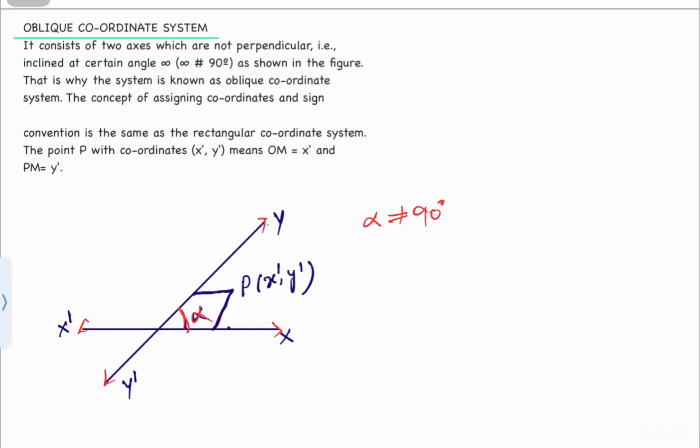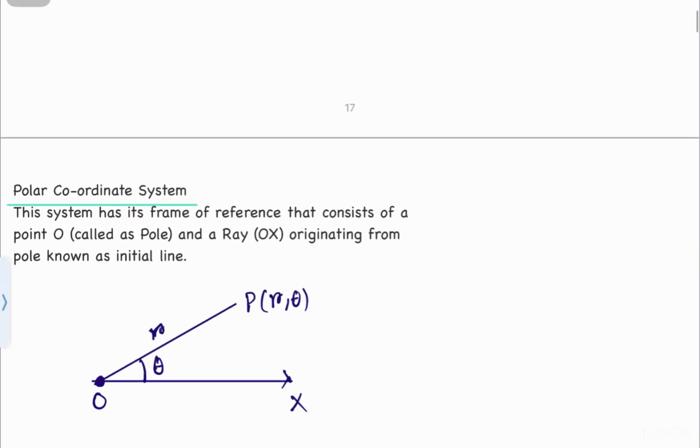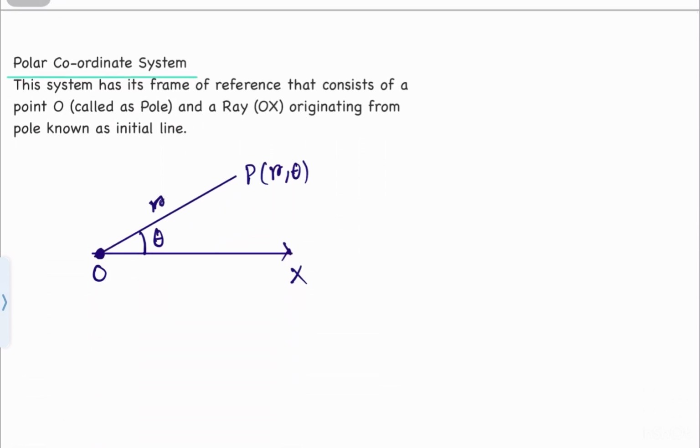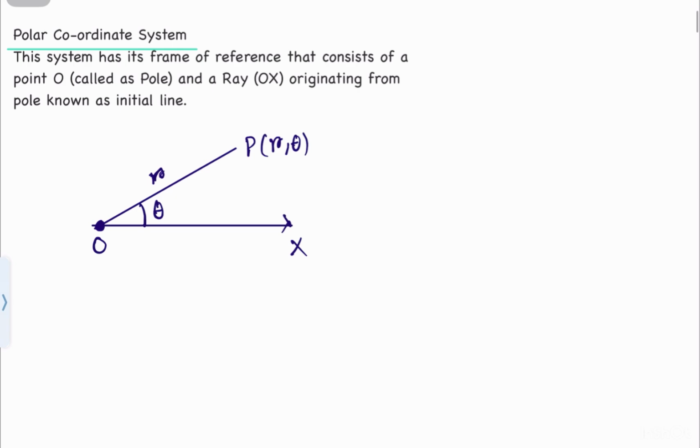Okay, now the third coordinate system is called the polar coordinate system. Try to understand. A system which has a pole, this O is called the pole, and this O to X is called the ray. Clear?